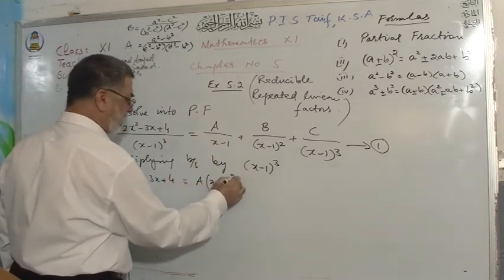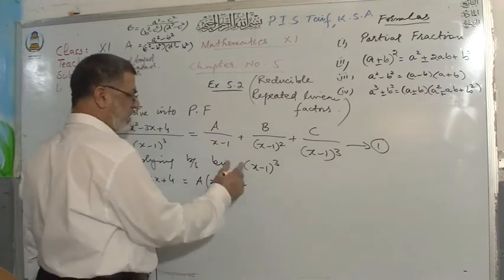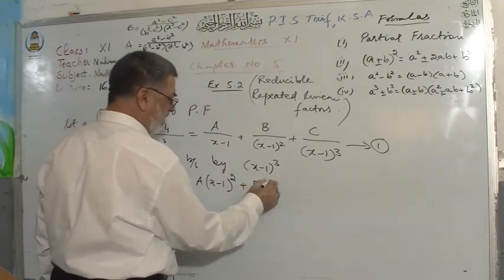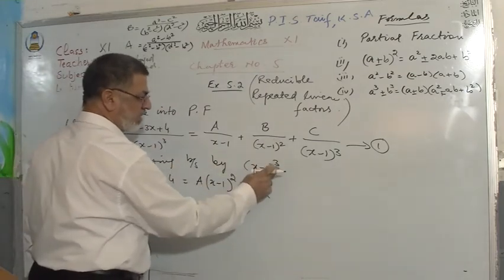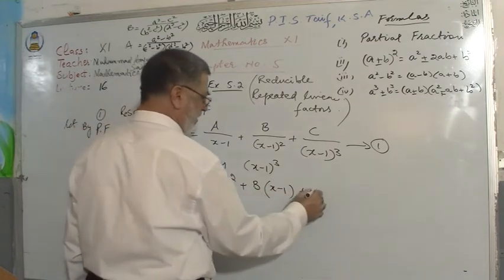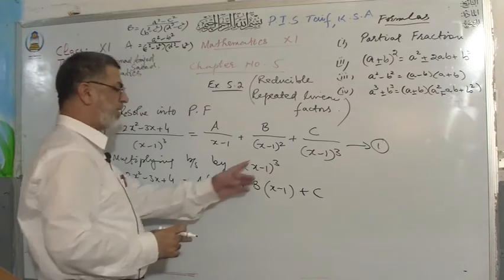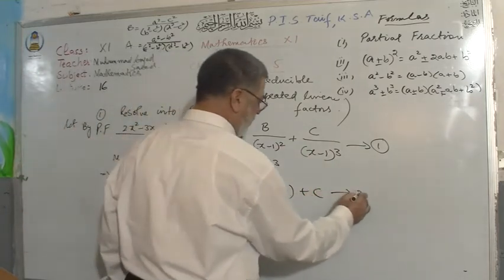And b, when it is multiplied, 2 powers are cancelled with 2 powers and only x minus 1 is left. And then for c, x minus 1 cube is cancelled out, we are left with c. That is your equation number 2.